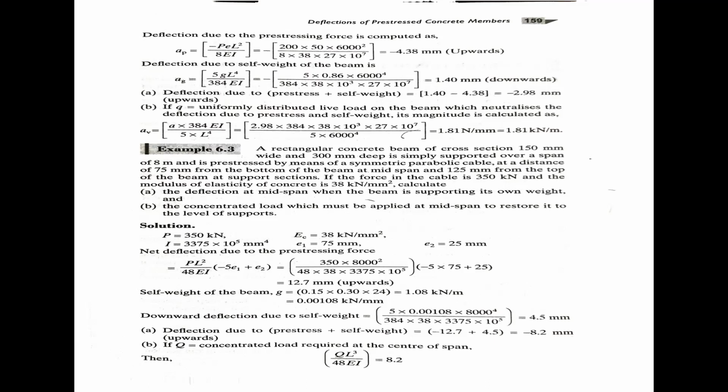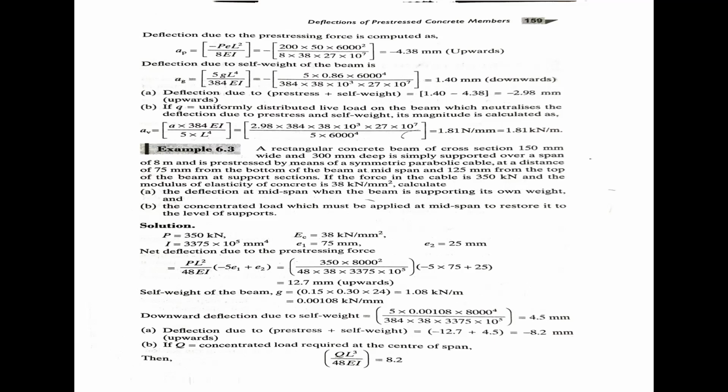Now, write the cable force P equals 350 kilonewtons and the moment of inertia, rectangular, bd cube by 12, got the value 3,375 into 10 to the power of 5 mm to the power 4. And modulus of elasticity of concrete is also given, 38 kN per mm square. And eccentricity is taken as 75 mm and e2 equal to 25 mm.